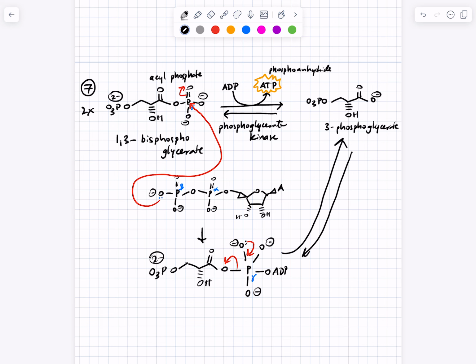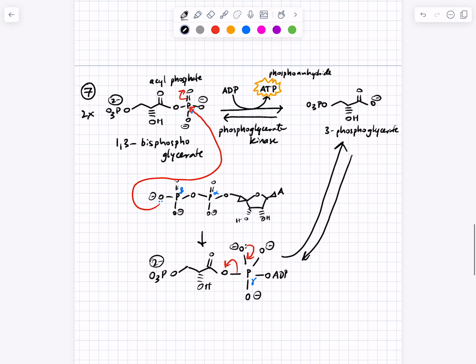All right, so far glycolysis has been about dividing the molecule into 2 equal parts, and then oxidation and functional group manipulation so we can get a phosphate in just the right spot where it's attached to a good leaving group and it can be attacked by ADP to generate ATP.